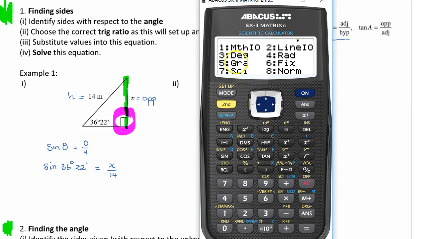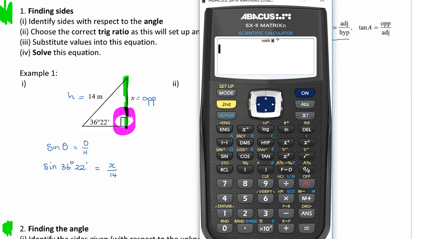We want to have it in the correct setup. 3 is what we want. This is DEG, which represents degrees. So we press 3, and you can see that's how you change. If there is an R or a G appearing in that spot, then please change it to a D.